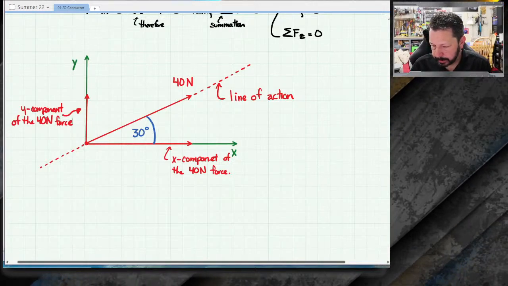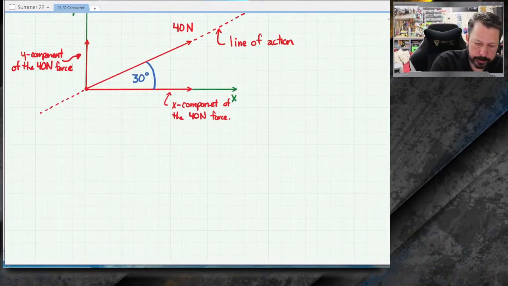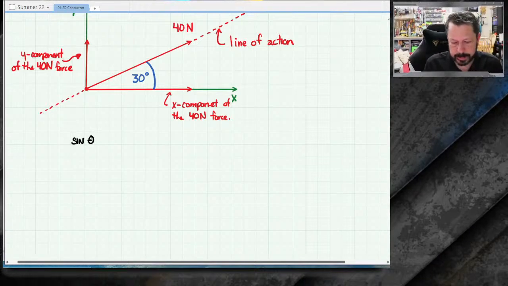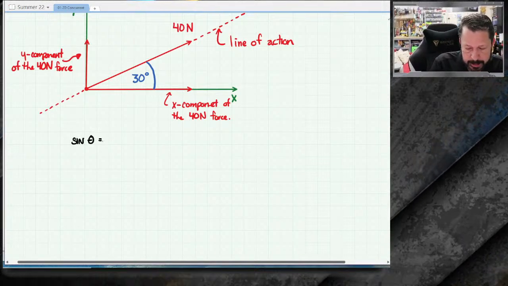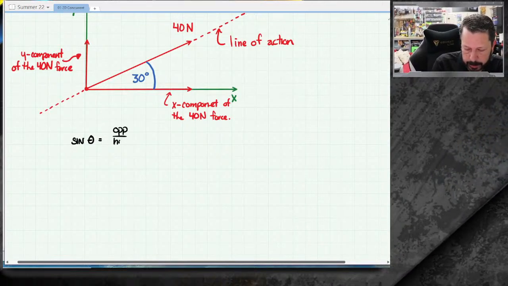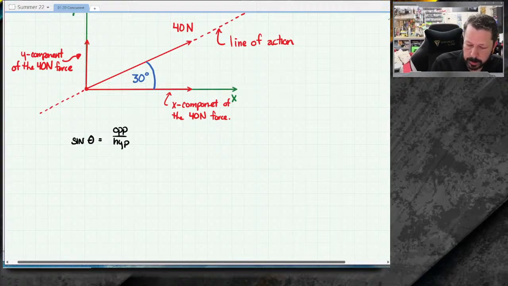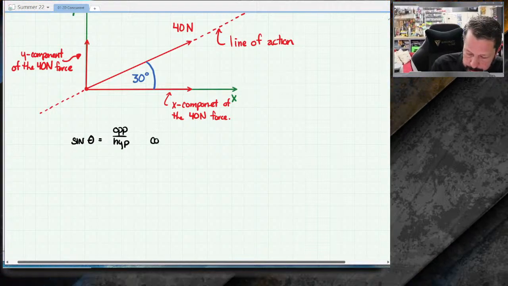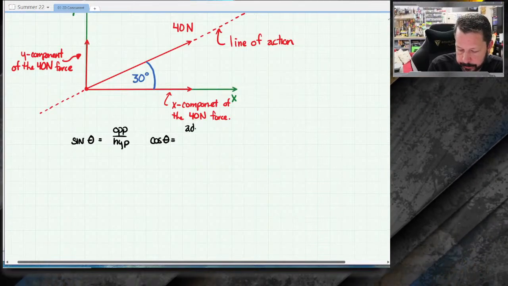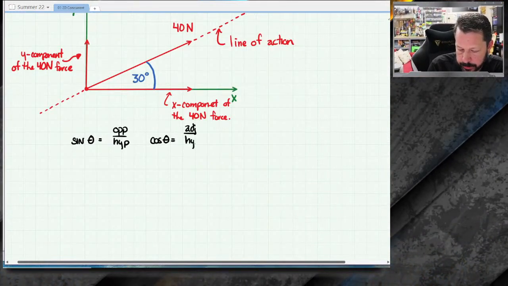So let's write down the definition of those. Sine of an angle, I'll just use theta here, is the opposite side over the hypotenuse. That's the definition. Cosine is the adjacent side over the hypotenuse.